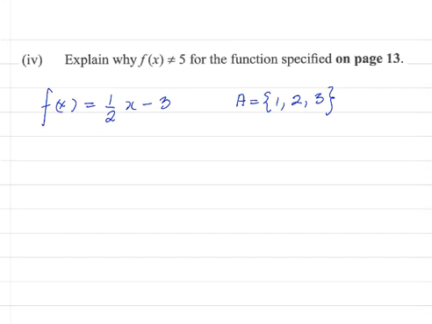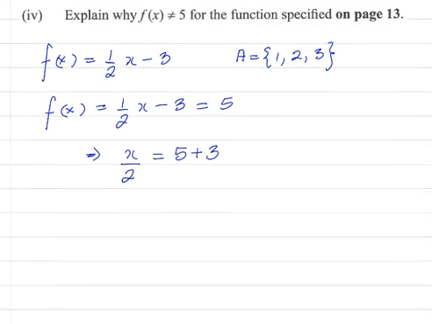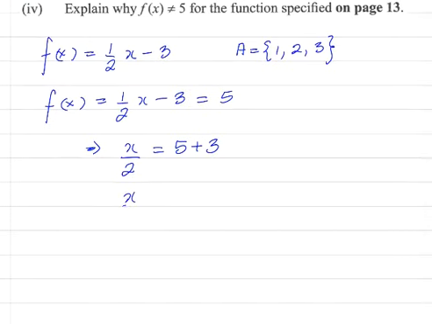What I'm going to do is find the value of x for which f(x) is equal to 5. So f(x) = 1/2 x - 3 = 5. Therefore x over 2 would be equal to 5 plus 3, so x over 2 would be equal to 8.